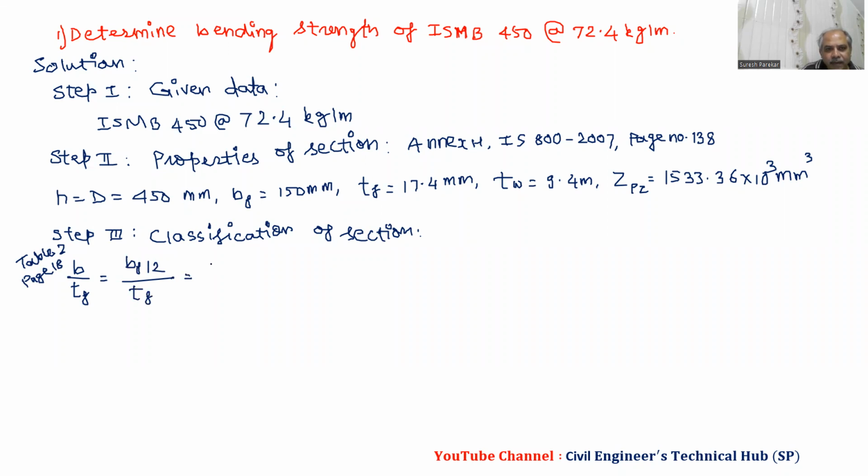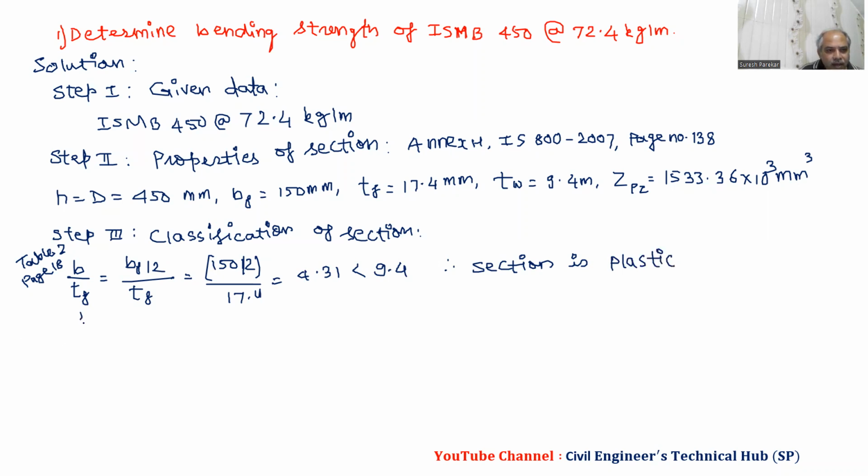BF we have 150 by 2 divided by 17.4, 4.31, less than 9.4. Therefore, section is plastic.